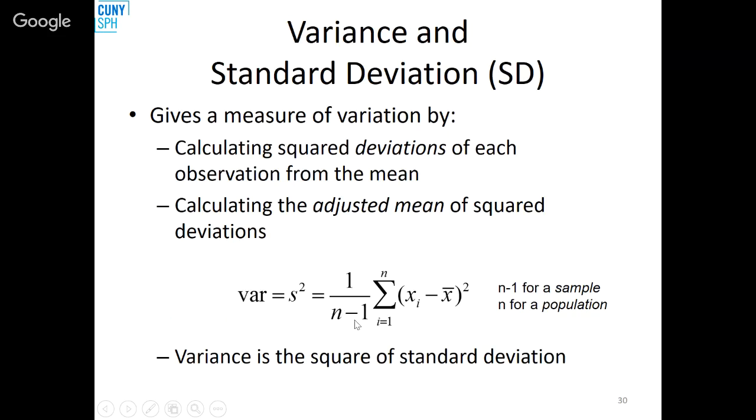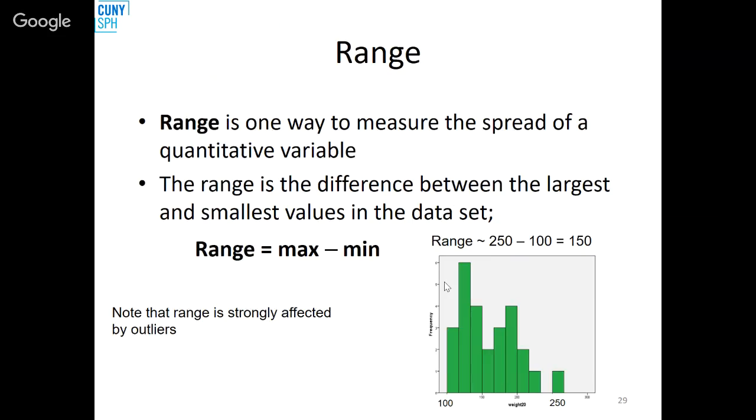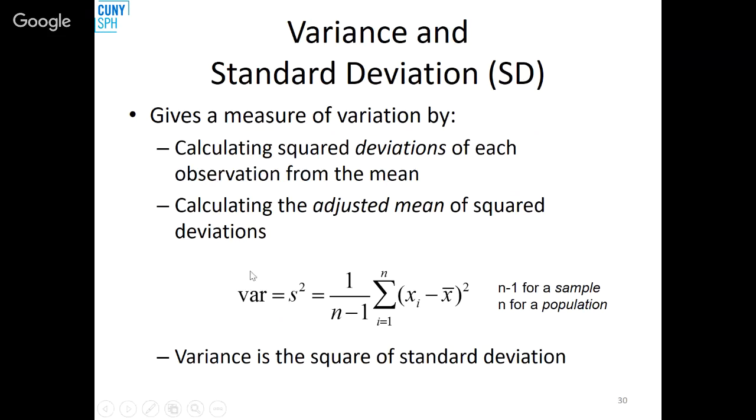If you didn't do this dividing by n minus 1, because for every sample, the estimated mean would be in a bit different place that underestimates the variance, we would end up with a systematic underestimate of the variance of the population.